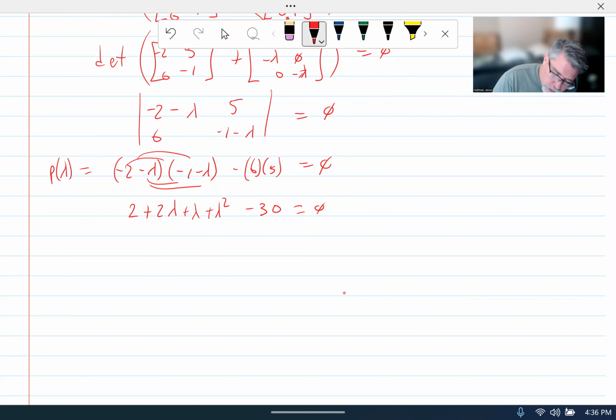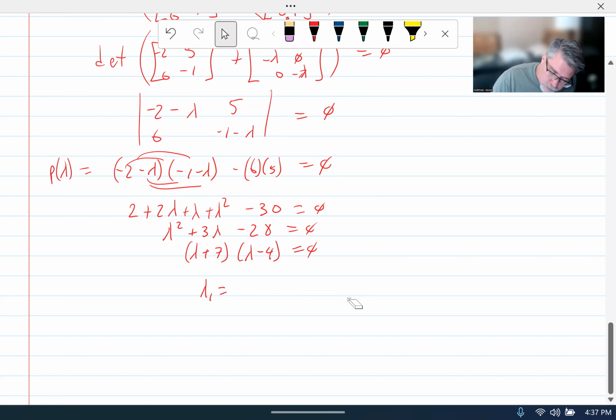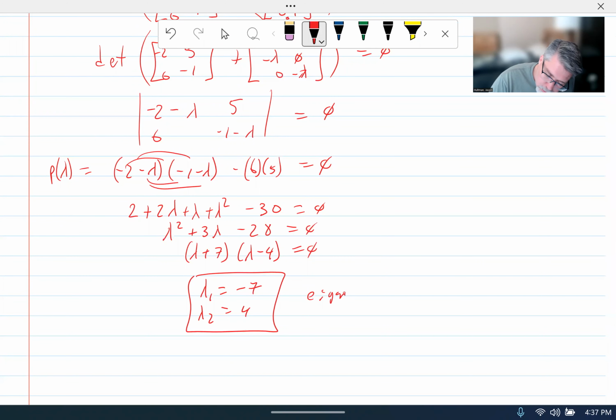So this becomes lambda squared plus 3 lambda minus 28 is equal to 0. That factors into lambda plus 7 times lambda minus 4 equals 0. And so I get lambda 1 equaling -7 and lambda 2 equal to 4. So there are my eigenvalues.